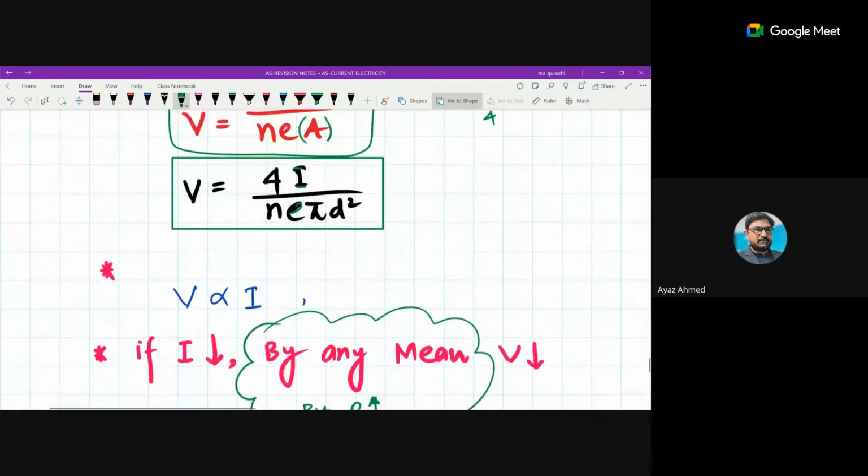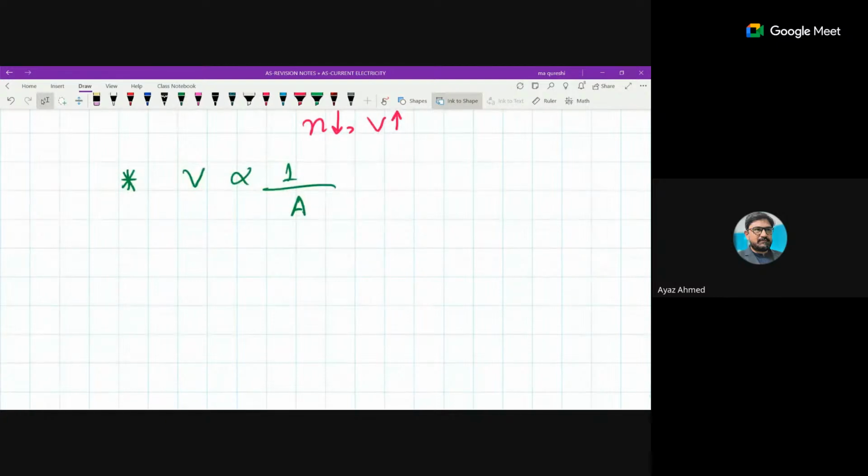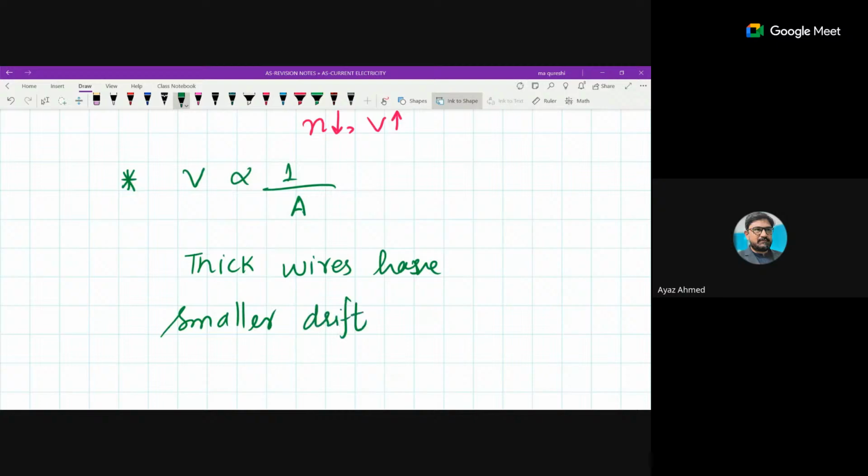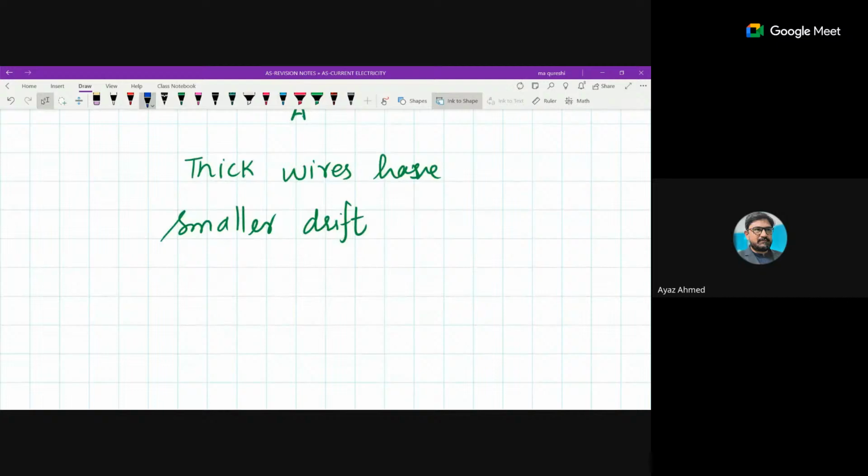So from here, did you see that if the wires are thick, thick wires have smaller drift? Okay, they have smaller drift, and v increases as area decreases.